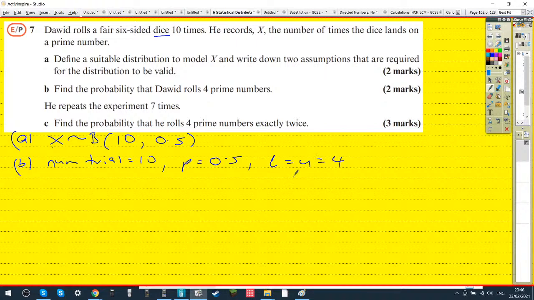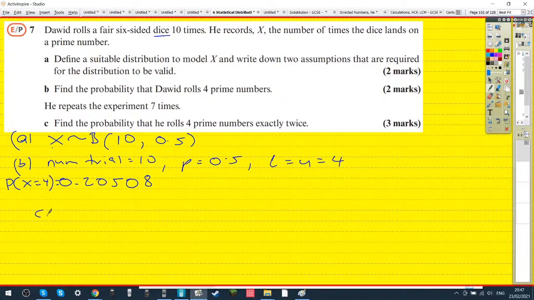Exactly 4. Not 4 or less, not 4 or more. It says 4. I got 0.20508. Okay, so the probability that X is 4 is that.